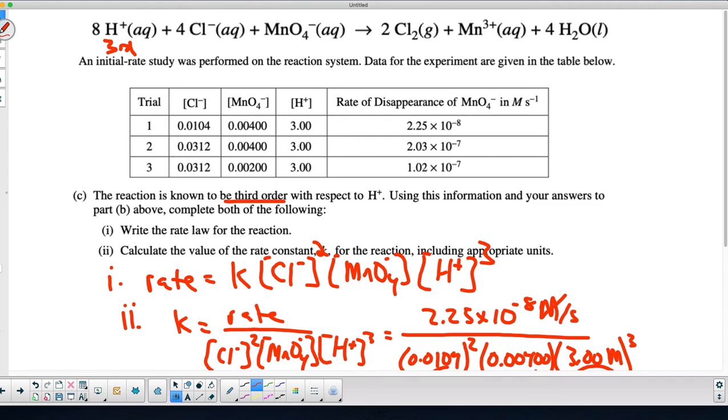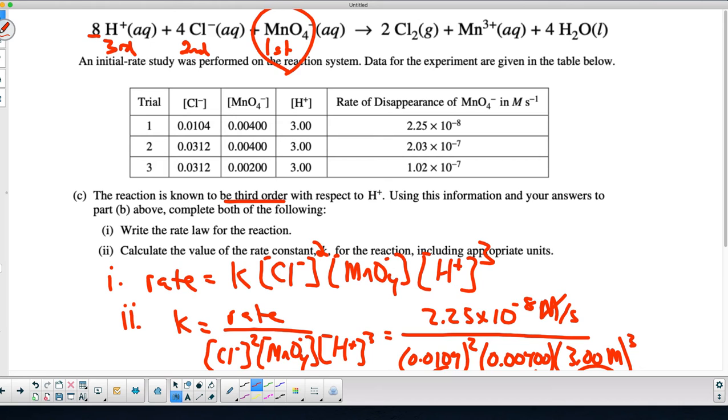That does not match up with the coefficient. The order for Cl minus is second order, and the order for this is first order. This is the only one that matches up with the coefficient. Because of that, I would say this is not the elementary step, because elementary steps will match up the coefficient and the order. And that clearly did not happen here, and that's the first reason why.